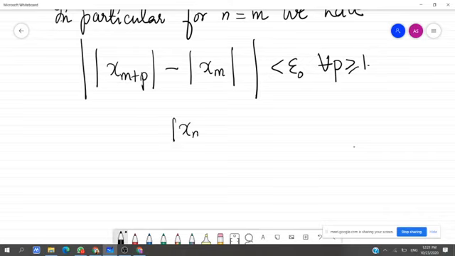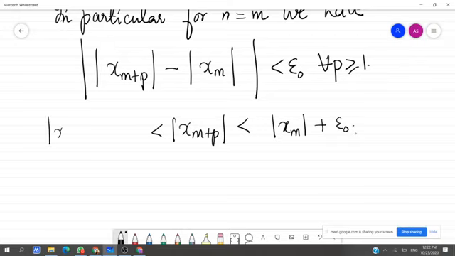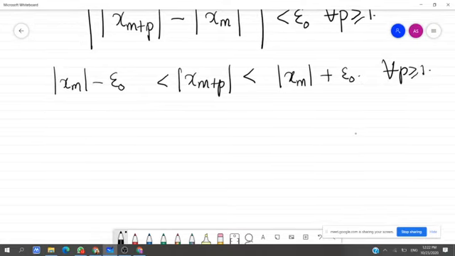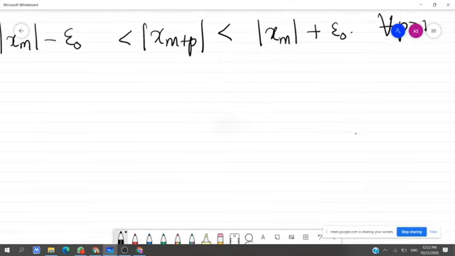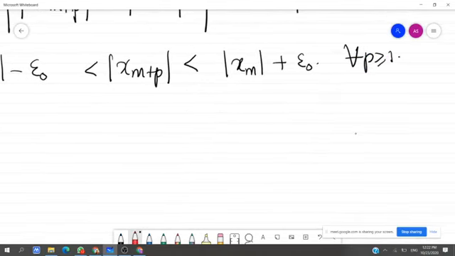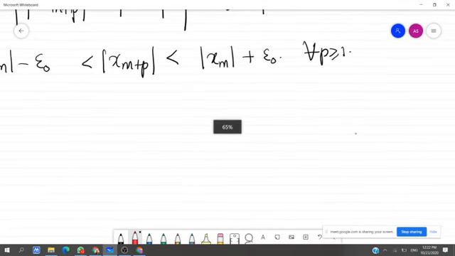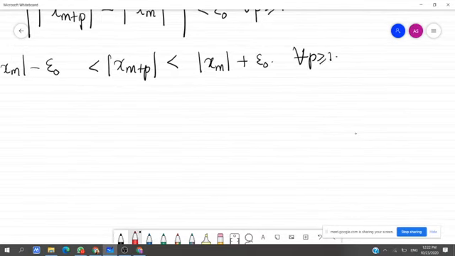That means modulus of xm plus p is lying between modulus of xm plus epsilon naught and modulus of xm minus epsilon naught for all p. From this we will get an upper bound for mod xn. That is, the terms after the mth term all have modulus less than this number.